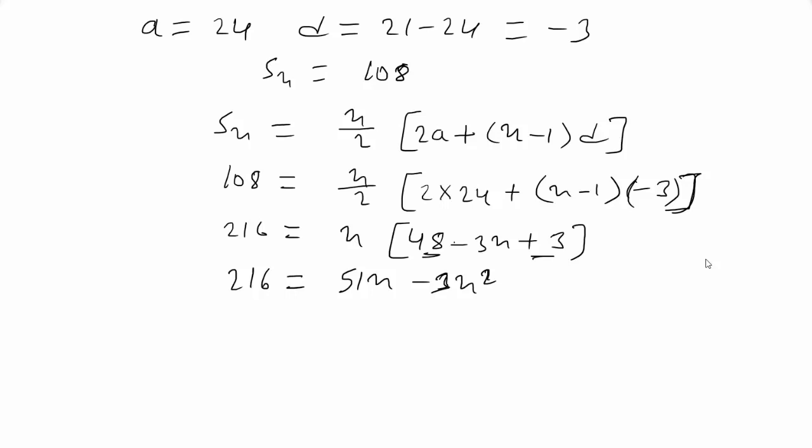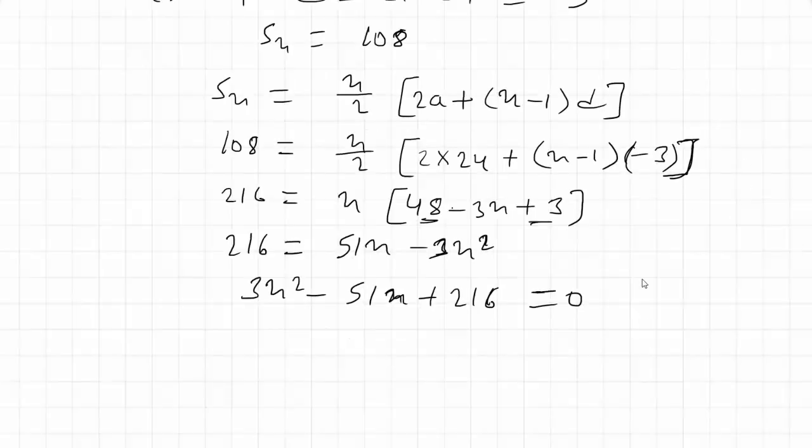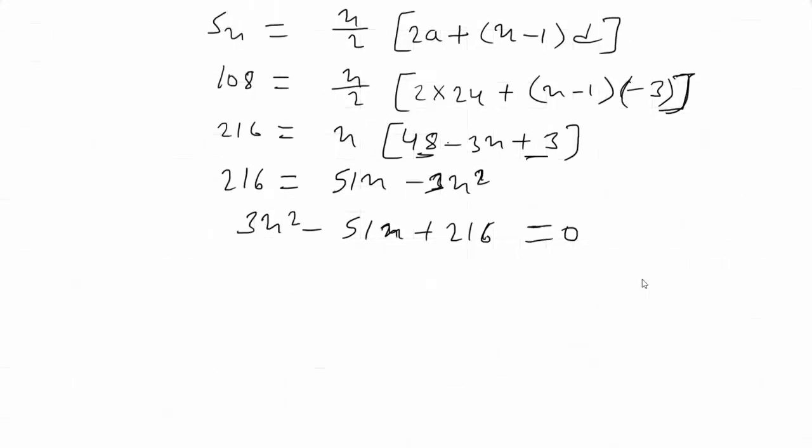Now let us take everything to one side. It will become 3N square minus 51N plus 216 is equal to 0. Is there anything common? Yes, 3 is common. So remove that 3. It will become N square minus 17N plus 72 is equal to 0.